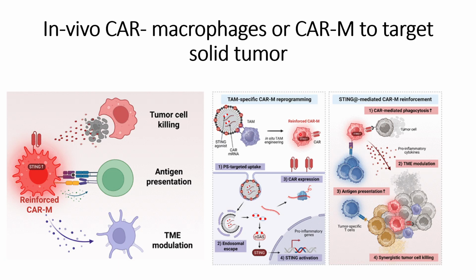At the same time, STING is also upregulated through cGAS, through this STING agonist, or the promoters of STING are also taken up by these macrophages. And thereafter, once these reinforced CAR macrophages are formed, they will act in three different ways that I have just described when I was explaining the figure on the left-hand side.